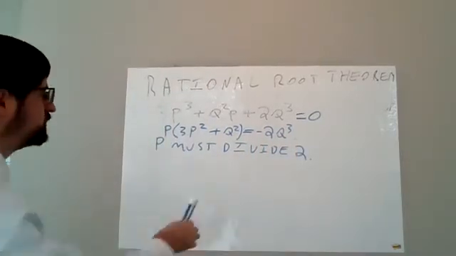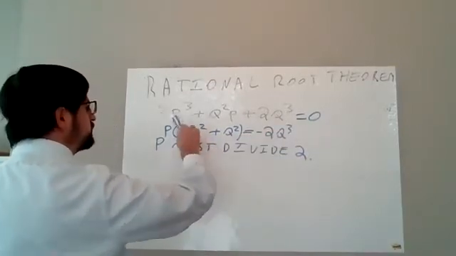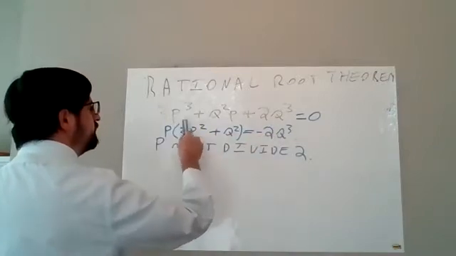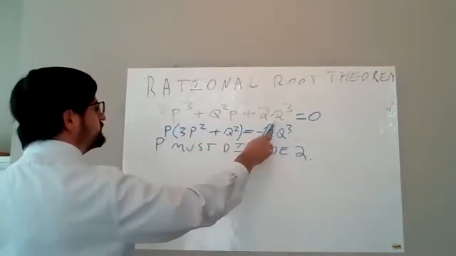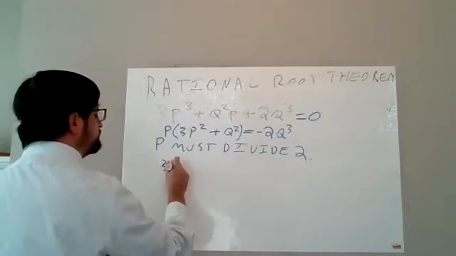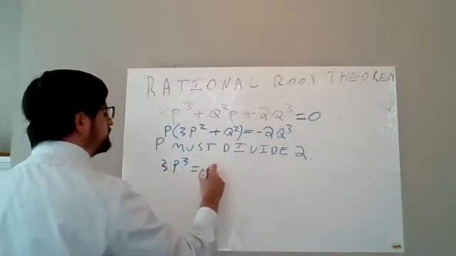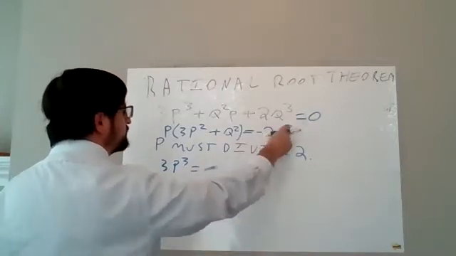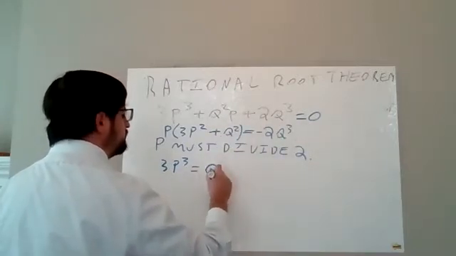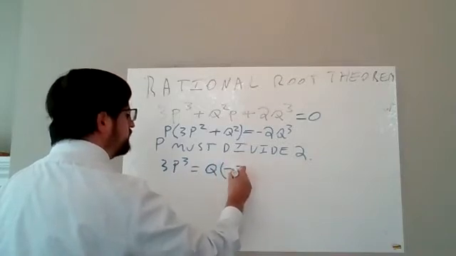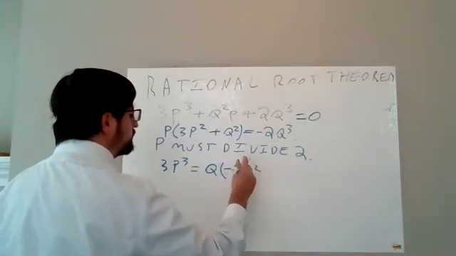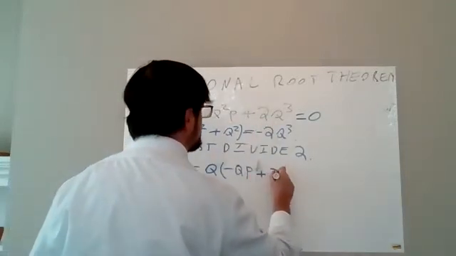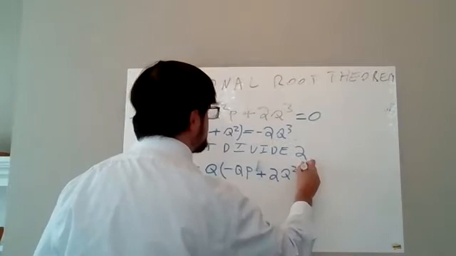I can do a similar argument with q. Every term up here has a p, so every term up here has a q except the first term. So 3p cubed equals negative, well, I'll put the negative in parentheses, but I'll bring these over and factor: negative q times (p squared, no squared there, qp plus 2q squared).